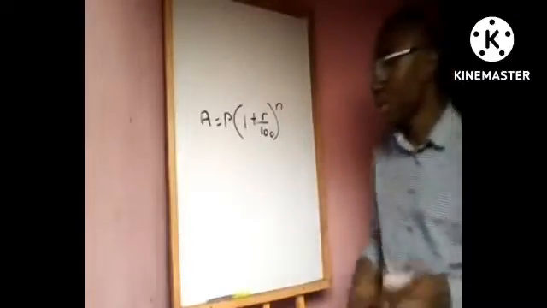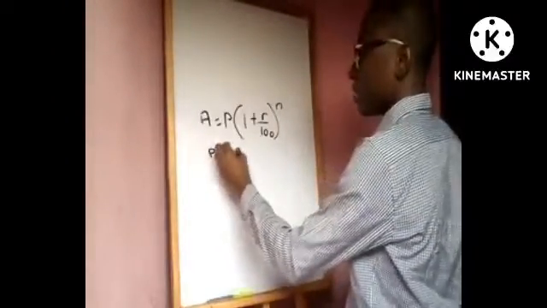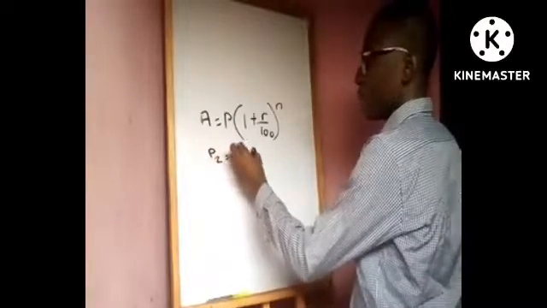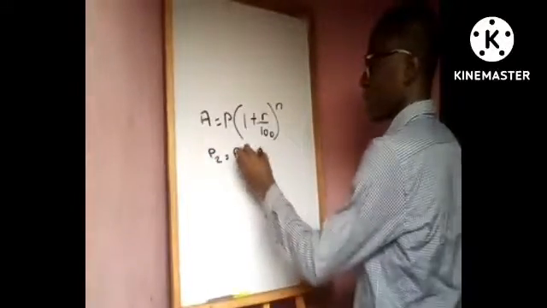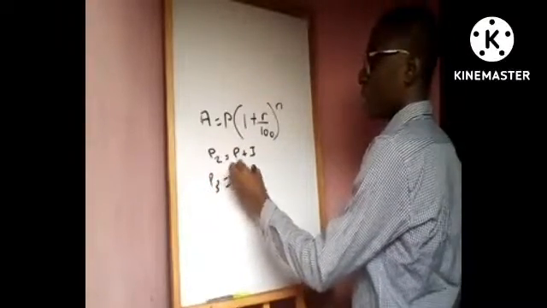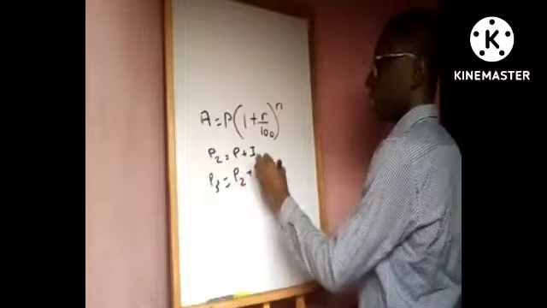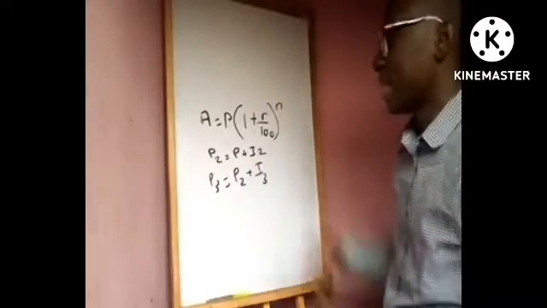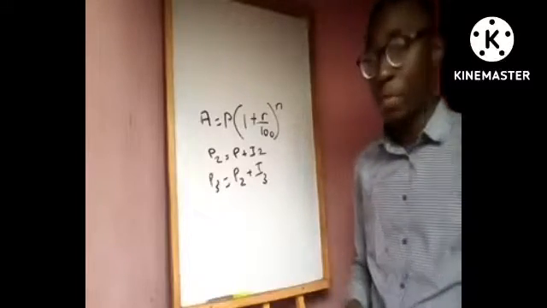So what I'm trying to say is that your principal for the second year is equal to your original principal plus the interest. Then your principal for the third year is equal to your principal for the second year plus the new interest, I3, and so on and so forth. You keep adding and adding. That is why it's known as compound interest.